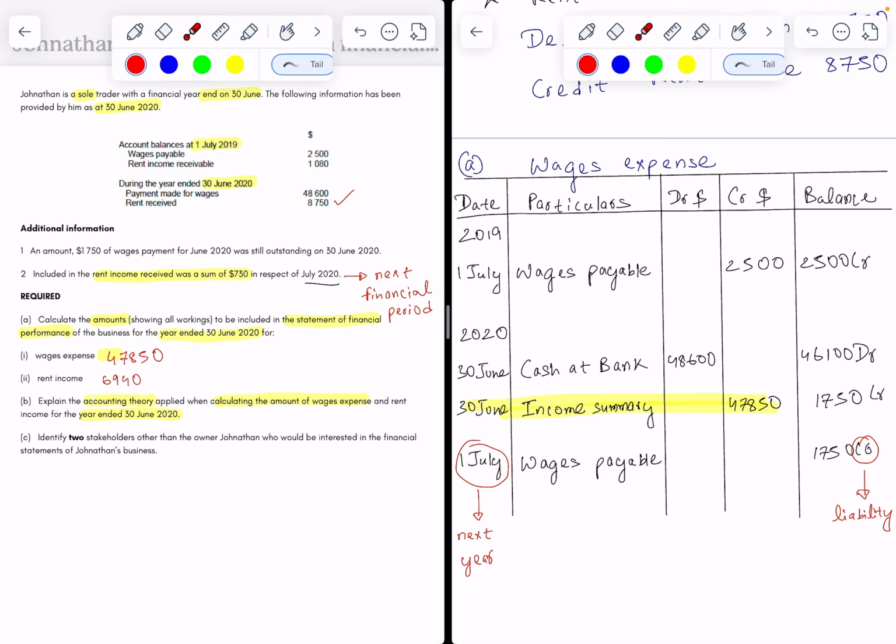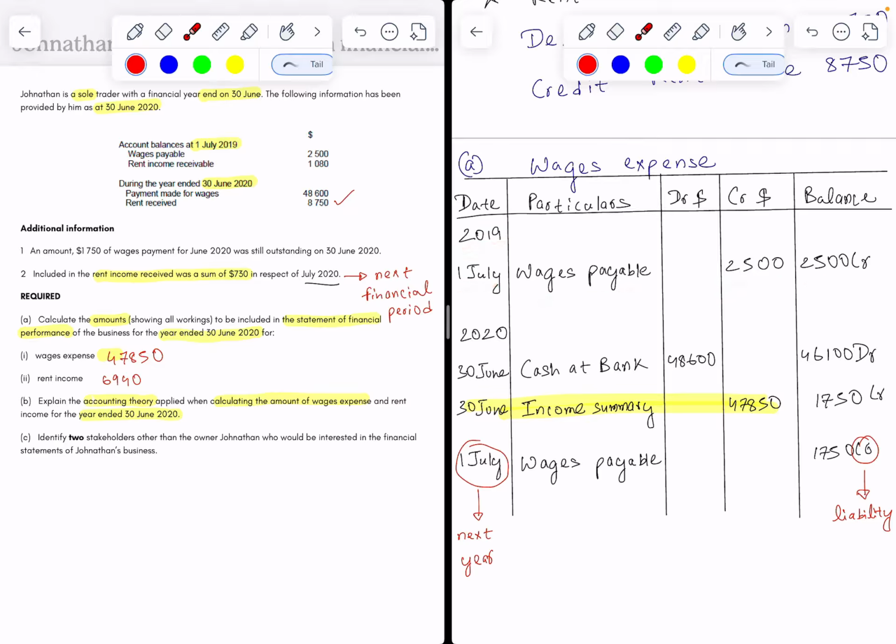So we know the beginning of the period on 1 July 2019, we have a wages payable, which is a current liability, right? So all liabilities by default must have an opening balance that goes on the credit side, because liabilities, when they increase, we credit them. So wages payable, $2,500, is included in the credit column, which gives us a net balance of $2,500 credit, okay?